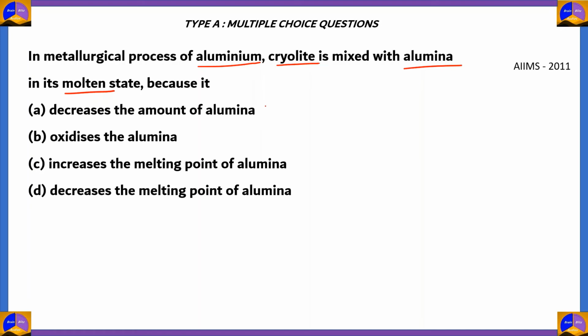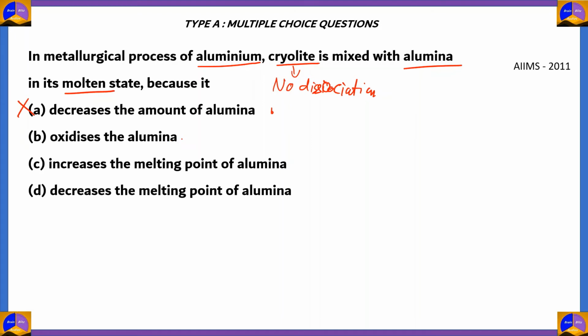Option A decreases the amount of alumina. So cryolite does not do dissociation. So there is no dissociation of alumina when cryolite is added. So therefore, option A is incorrect. It does not decrease the amount of alumina.